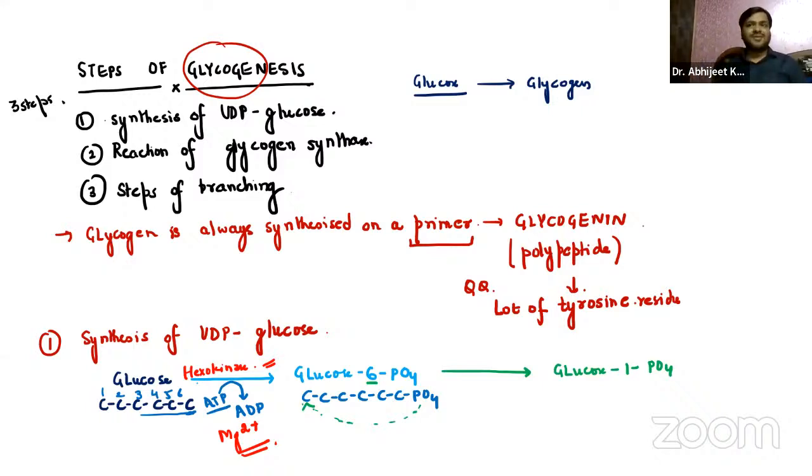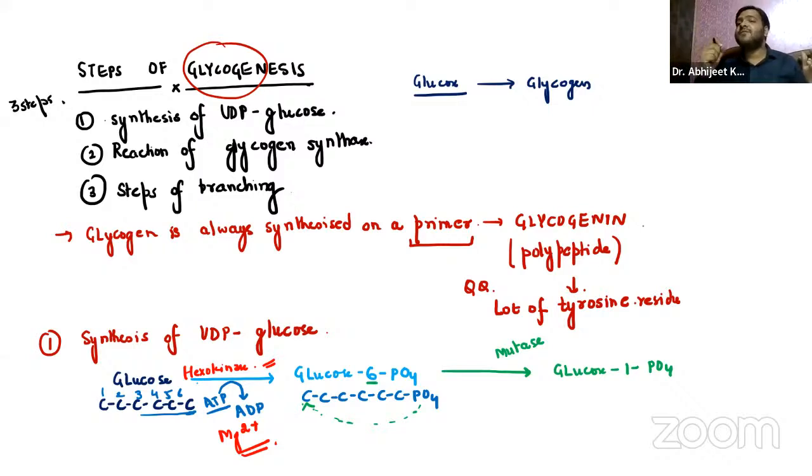Now the glucose molecule is the same. The transfer of the phosphate group is in the same molecule, the same compound. There are no two different compounds. That means the enzyme which will be used over here is mutase. I have already told you mutase is an enzyme where one phosphate group will be transferred. See, the compound is the same, glucose. Earlier, the phosphate was present at the 6th carbon. Now it is present at the first carbon.